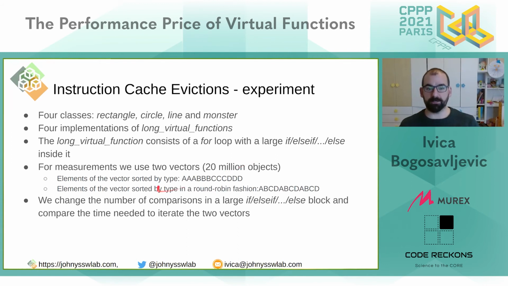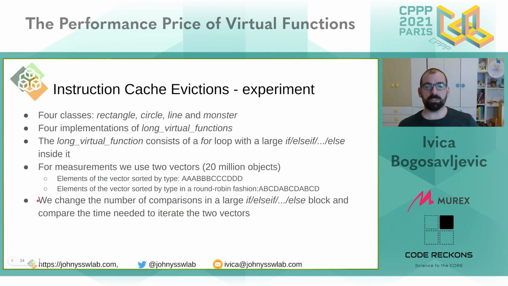To measure this effect, we use 2 vectors. The first has 20 million objects sorted by type, which is the best case. The second is the worst case, where the elements of the vector are sorted by type in a round-robin fashion: A, B, C, D, A, B, C, D. We want to change the size of the virtual function, starting smaller and then increasing it, and see how the runtime changes.